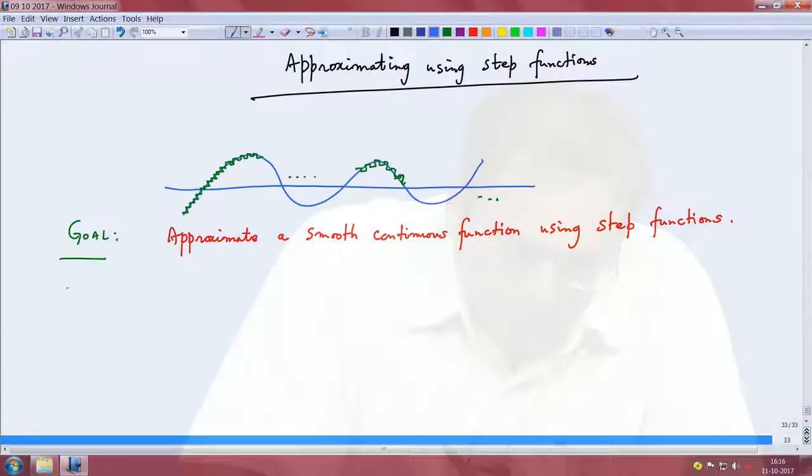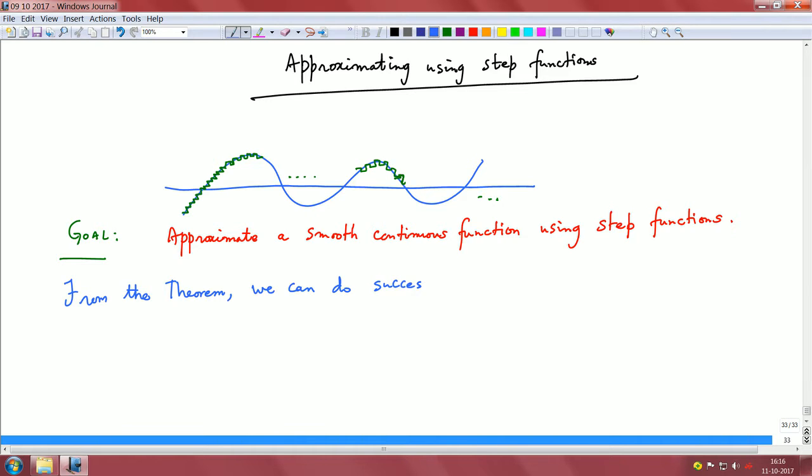Now from the theorem that I stated, we can do successive decompositions of subspaces.